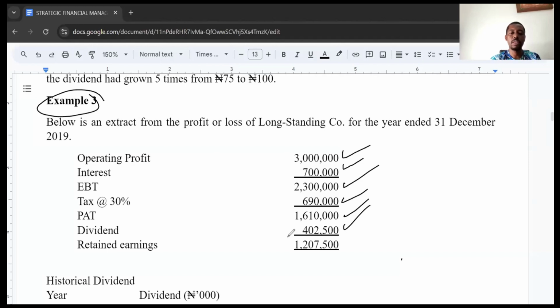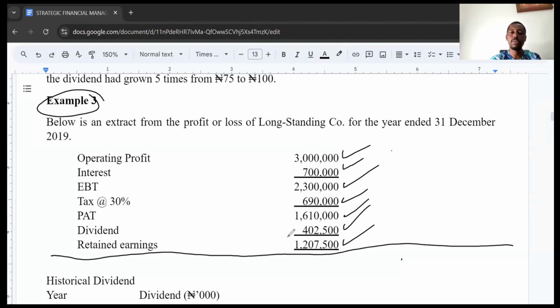So this is retained earnings. That's retention for the year. Okay. So if you are given this information and your examiner asked you to calculate the cost of equity, how do you calculate it?